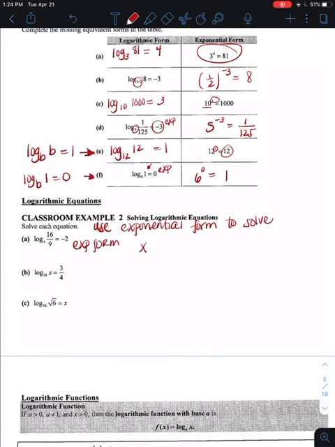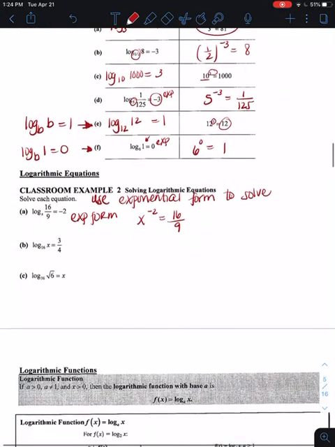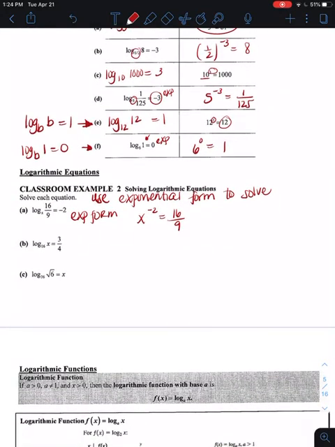The base is x. The exponent is negative 2. And the number that I have is 16 over 9. To get rid of this negative 2, you can just take the reciprocal of what's over here. That's how you get rid of a negative exponent. So I can write this as x squared equals, when I flip this fraction, 9 over 16.